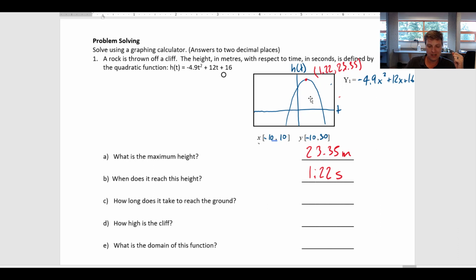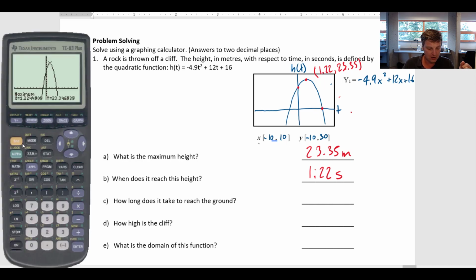Now, how long does it take to reach the ground? What does this all mean? The rock was thrown here at time equal to 0, it goes through the air, and then when the height is 0, then it's hit the ground. Well, the height hits 0 when this crosses the x-axis. So it's basically asking, what is this x-intercept?